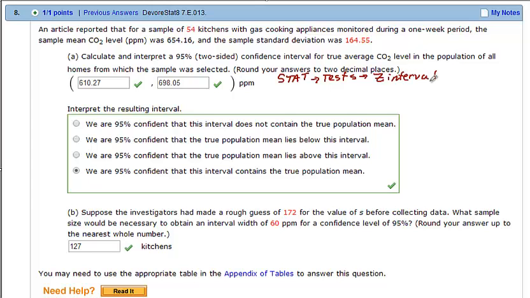I don't have a list of data points. I'm going to enter in just the statistics that they gave me actually. So I'm going to make sure the stats part of the calculator is highlighted. Then they want me to enter in the standard deviation. So the standard deviation for this one is 164.55.